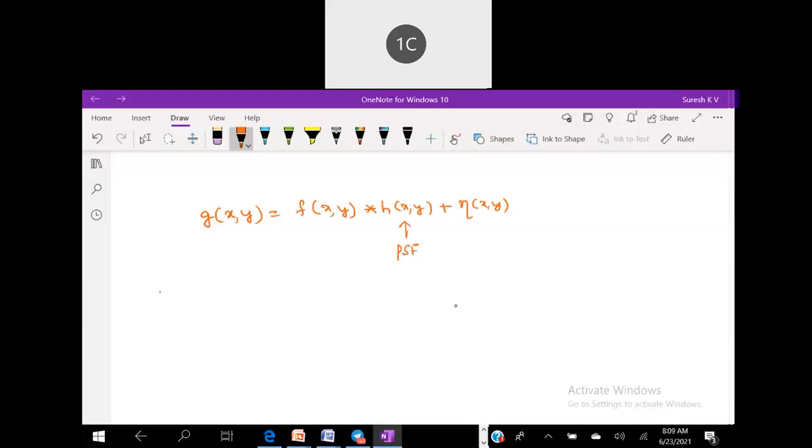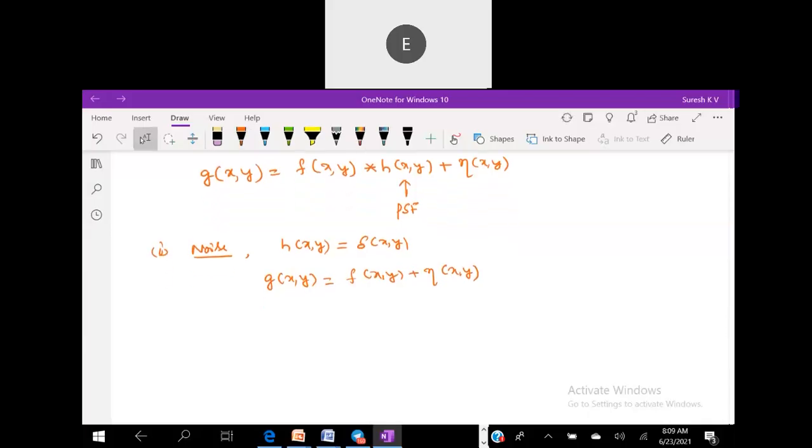Okay, so the case one which we discussed earlier was when there is only noise. Only noise means I am assuming that the point spread function of the camera or the acquisition device is an impulse. When I convolve any image f of x comma y with an impulse, I get back f of x comma y. So the model was g of x comma y is f of x comma y plus eta of x comma y.